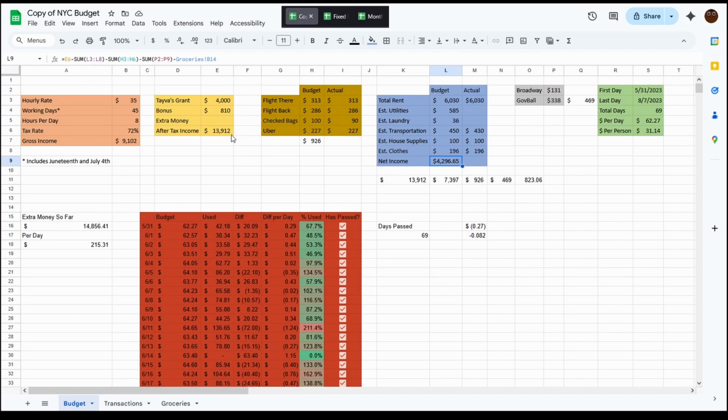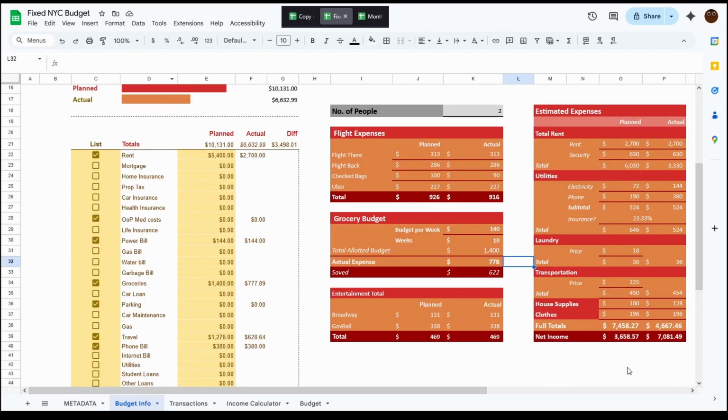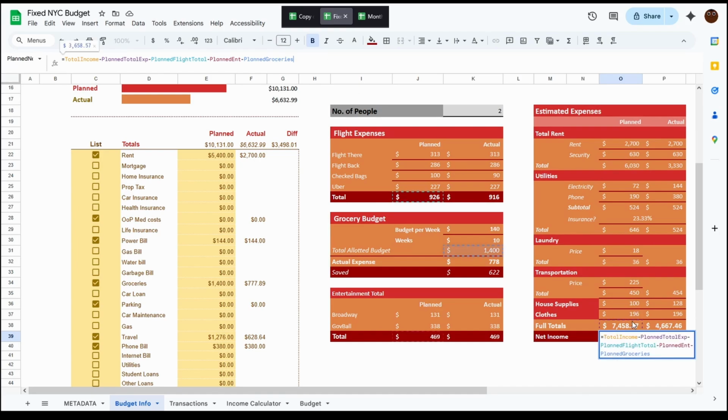So, let's first start with the income. Income, expenses, flight, entertainment, and then groceries. Let's first start with that. In mine, this is my net income. First, I got income, expenses, flight, entertainment, groceries. Now, the total expenses, if you notice, is coming from here.